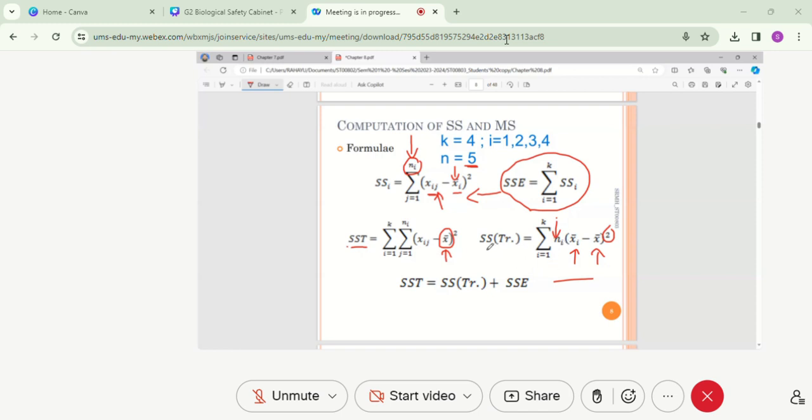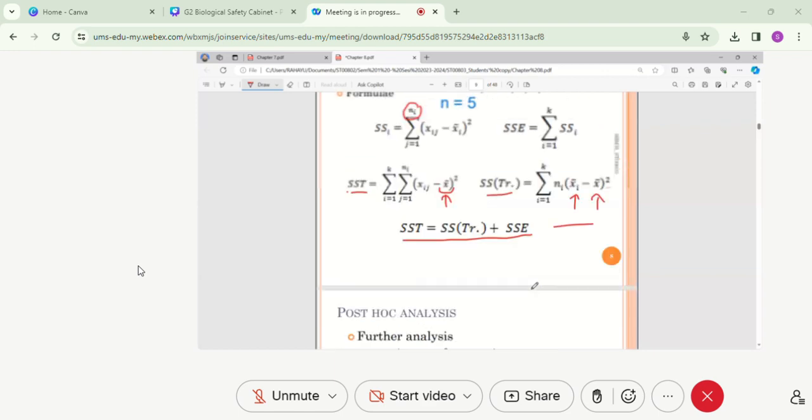So this is the sum square of treatment: the mean of the first group minus the grand mean, squared, plus the mean of the second group minus the grand mean squared, and so forth.